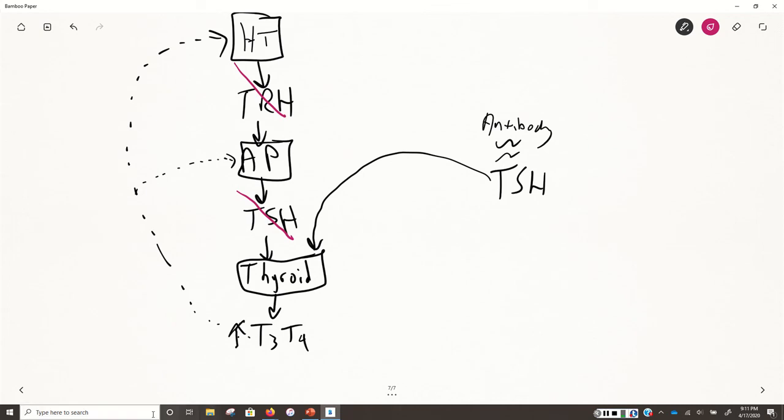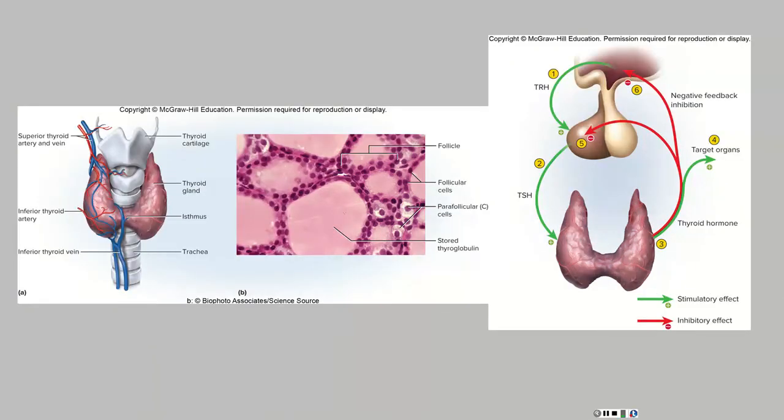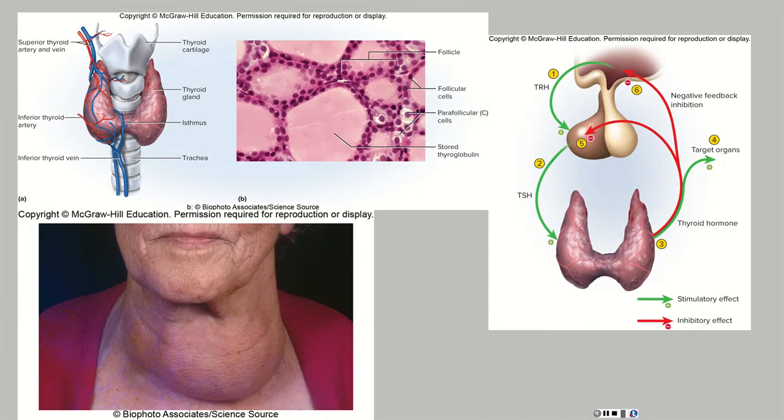Well, let's go back to our slideshow, and something that happens when someone has hyperthyroidism because of Graves' disease, they get something called a goiter, which is what we see down here. It's a very large, swollen mass that results from an enlarged thyroid gland.